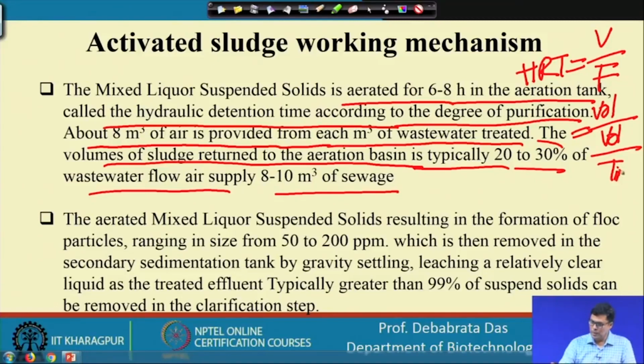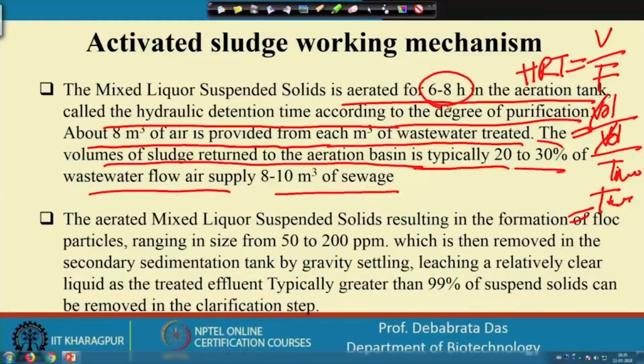So, the volume will cancel, and time will remain. So, this is equal to time. That is the hydraulic retention time, how long the liquid resides in the reactor, usually 6 to 8 hours. That is the reaction time actually, the time the reaction takes place, and after that you take it out.